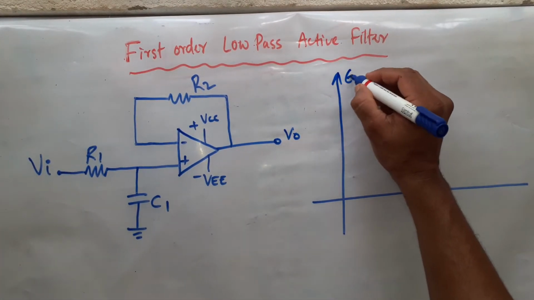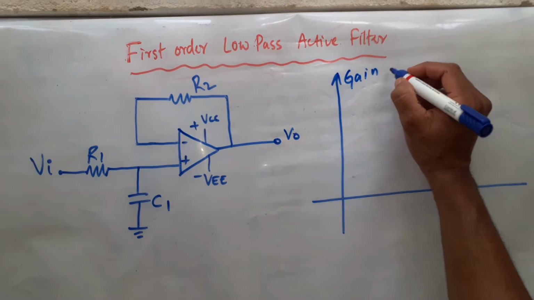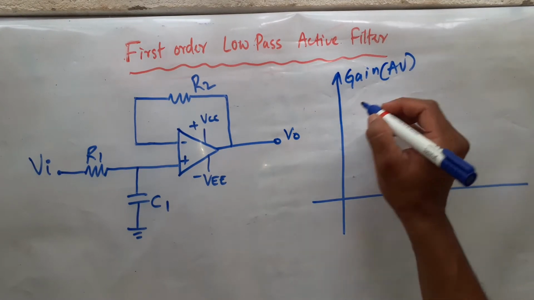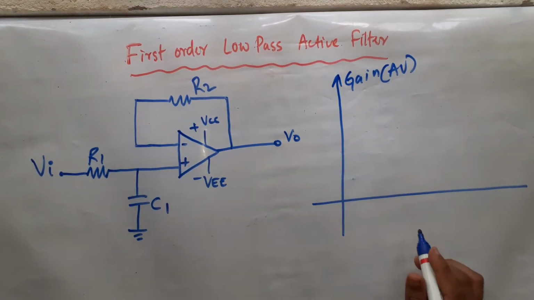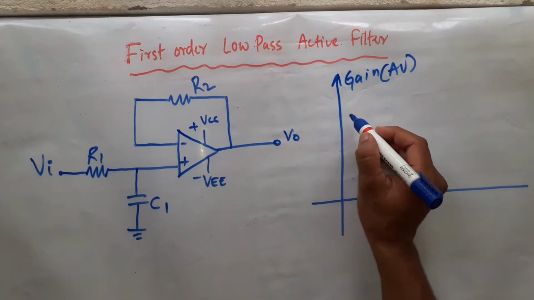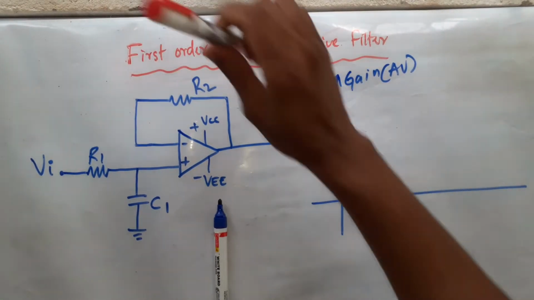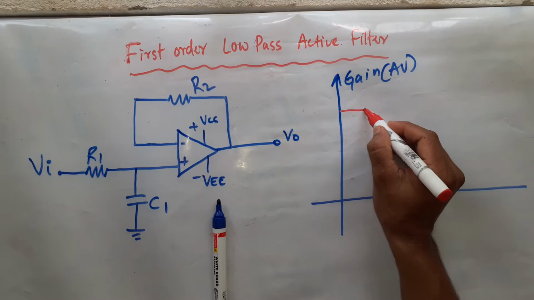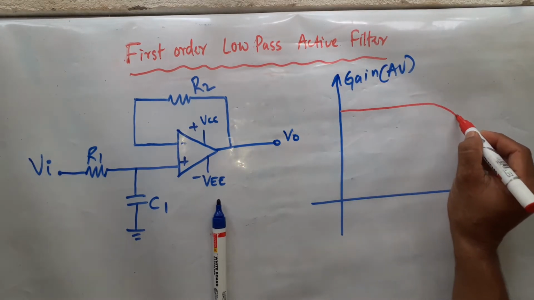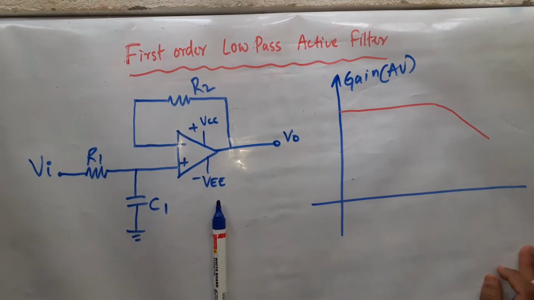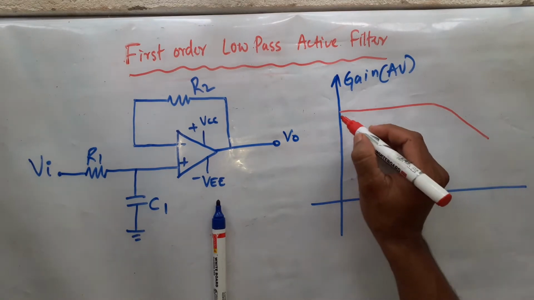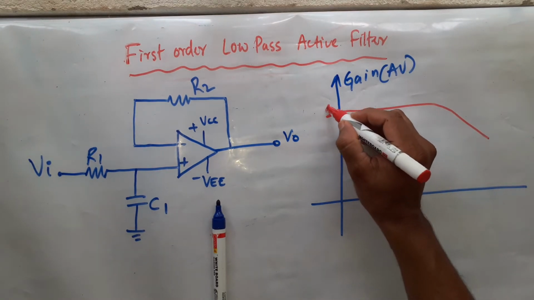This is your gain AV. This is how it decreases. Here the gain will be 1.